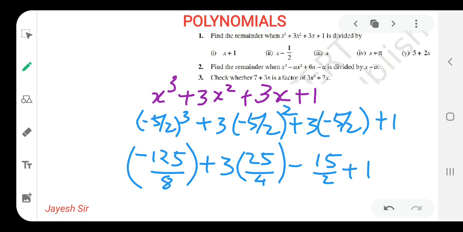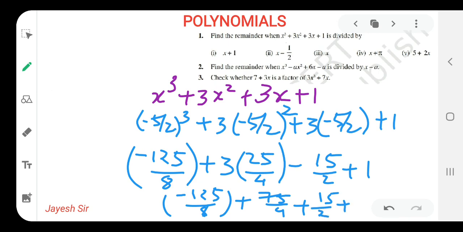Now we have to further solve it one more step, so that we would be able to solve it properly. Plus 25 into 3, that means 75 by 4 plus 15 by 2 as it is, plus 1 as it is.